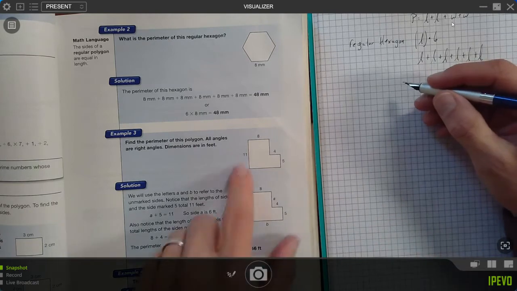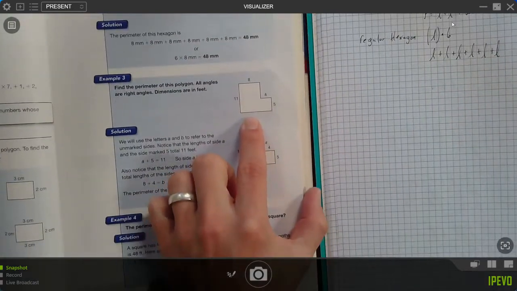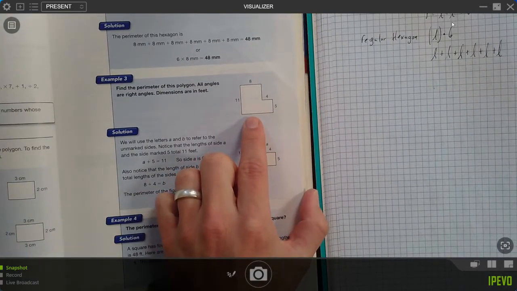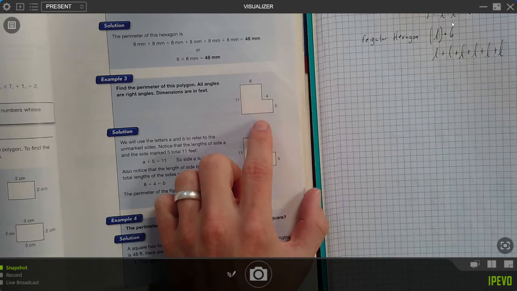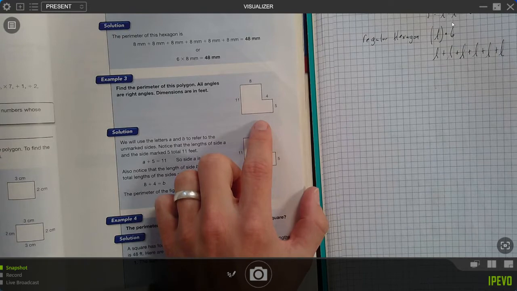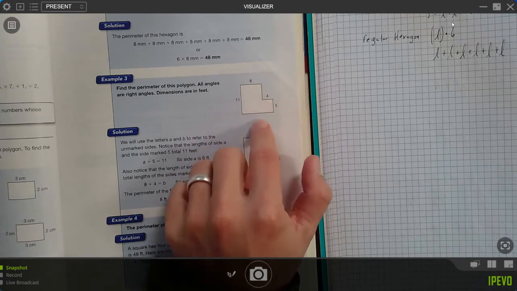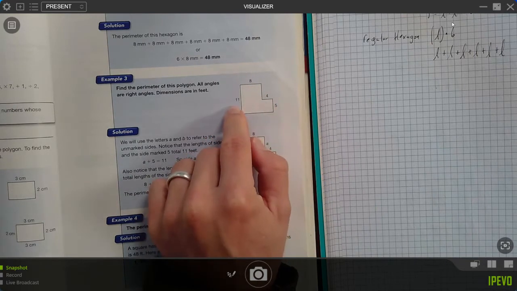Now, when you're doing irregular shapes, here we struggle a little bit. We can't just add everything together because we don't necessarily know all of the different side lengths, right? So here we have 8, 4, 5, a missing number here, and 11.